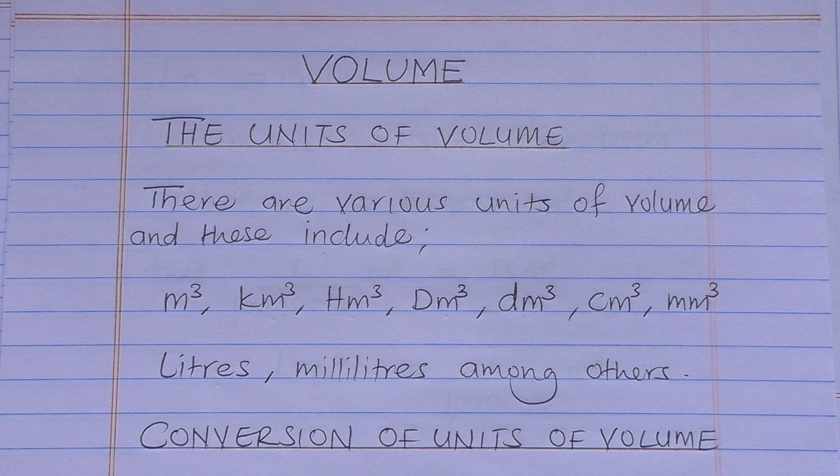We also get the volume of a liquid using a measuring cylinder. We can also get the volume of a regular shaped object by measuring its dimensions and applying a specific formula. But for an irregular object, we shall use either the displacement method or the overflow can method.